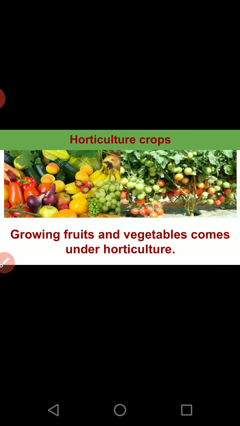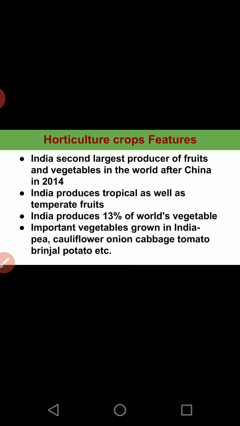Moving to a very big group, that is horticulture crops. Horticulture crops are different. Growing fruits and vegetables comes under horticulture. Features: India is the second largest producer of fruits and vegetables in the world after China in 2014.